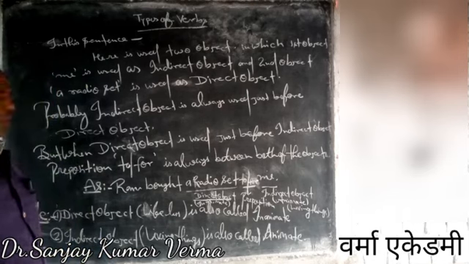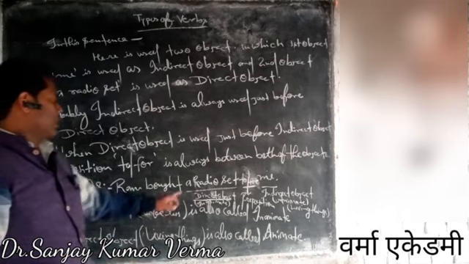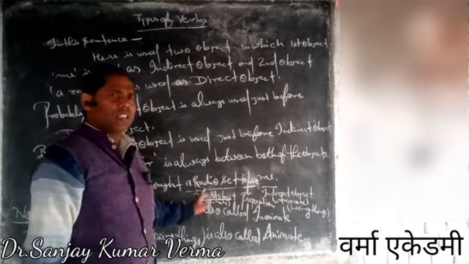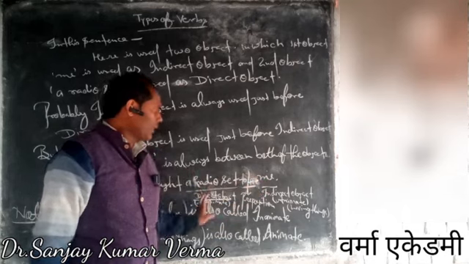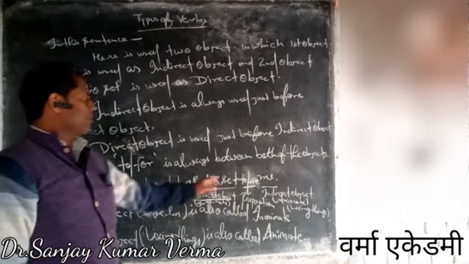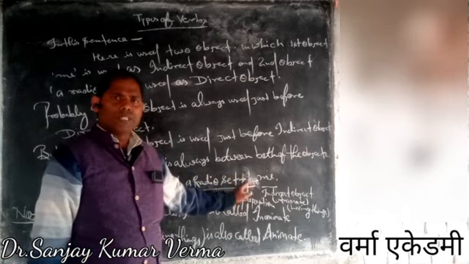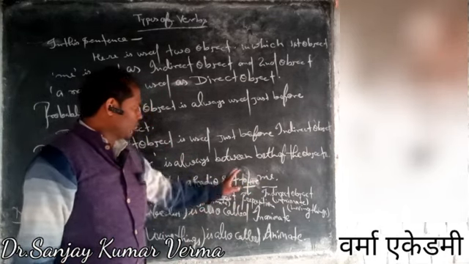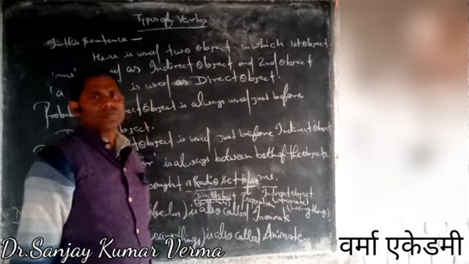But when direct object is used just before indirect object, the preposition to or for will be used between both of them.